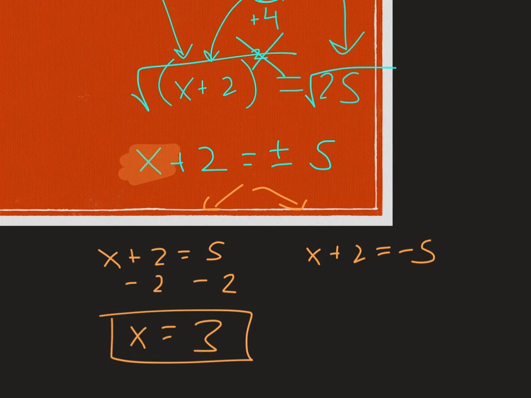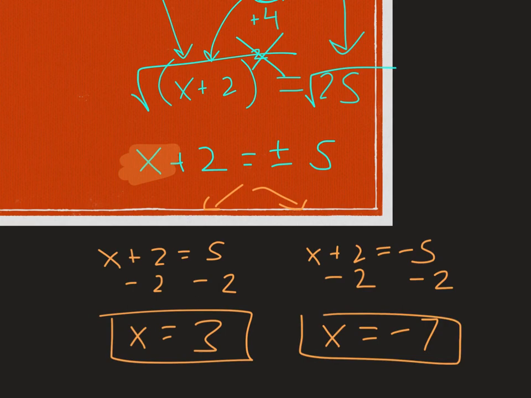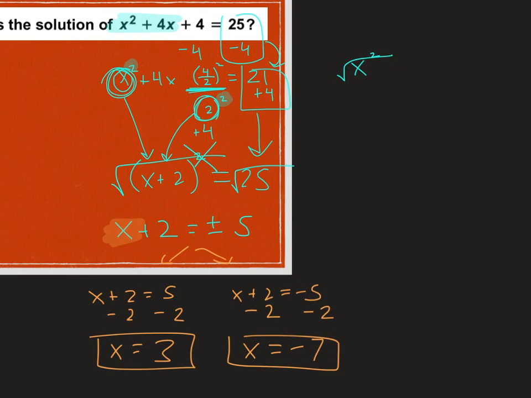And then I do the same thing on the right side. I have to subtract 2. So what's negative 5 minus 2? Negative 7. So x is equal to 3 and x is equal to negative 7. There's a lot of steps here, but nothing too wild going on. Just got to be careful with all the steps we have.